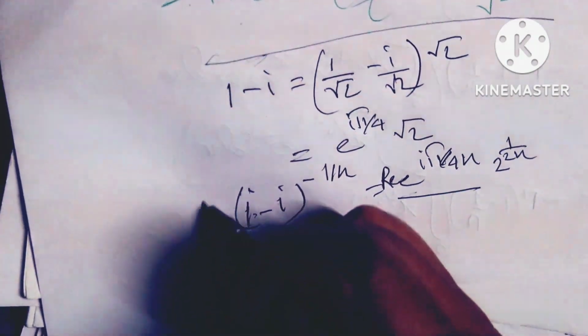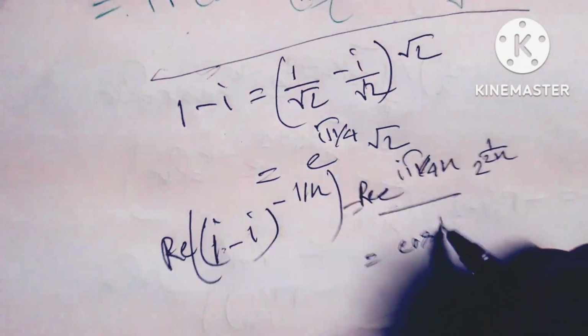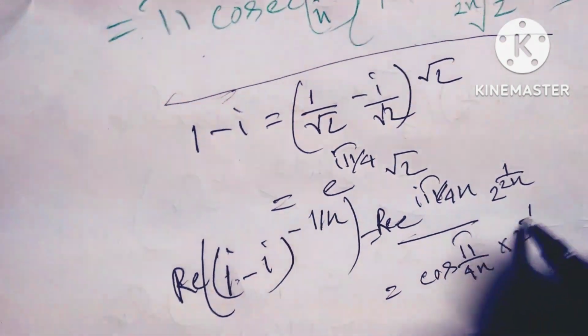If I write real, this means the cos value, so the cos value is cos pi divided by 4n into 2 to the power 1 by 2n.